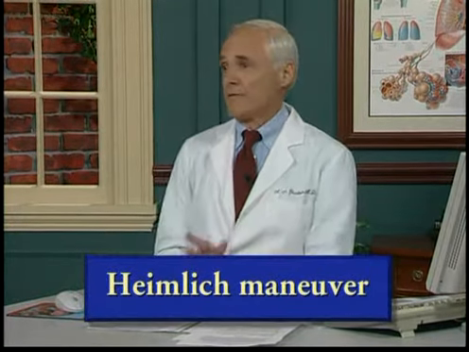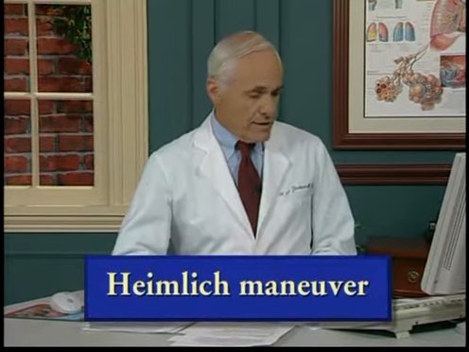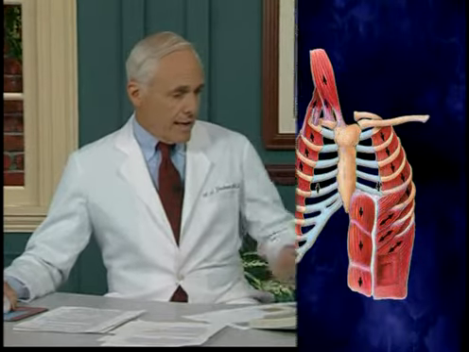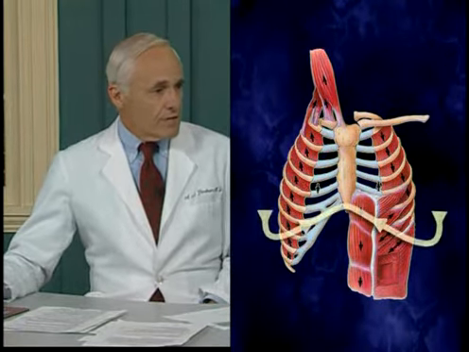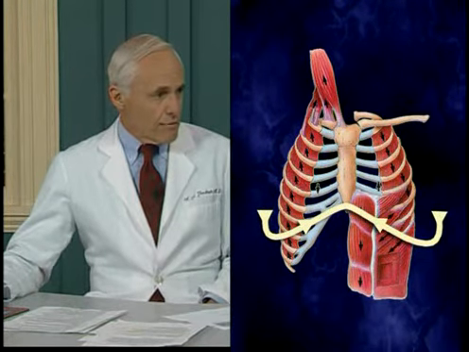One of the maneuvers you're probably most familiar with is the Heimlich maneuver. Now almost everybody knows about that. The way that works is that when we have something obstructing the airway, we take the patient and squeeze just under what's called the xiphoid, or right between the ribs here.